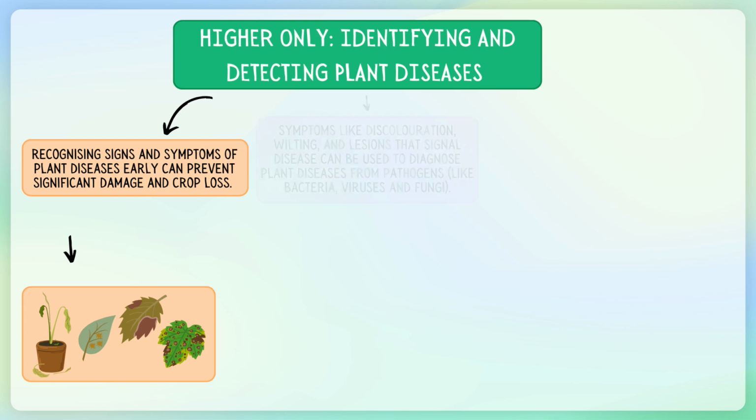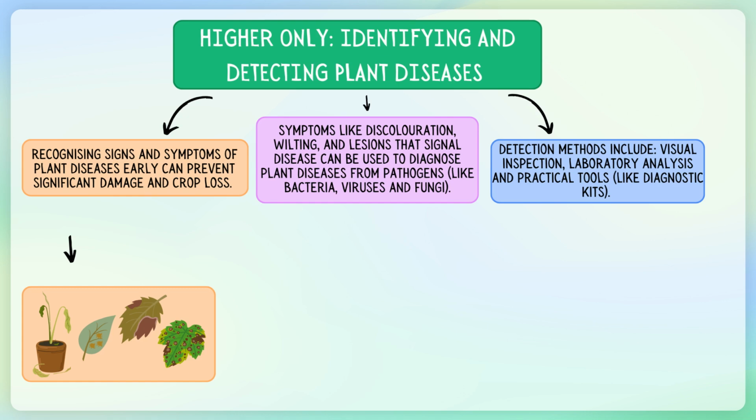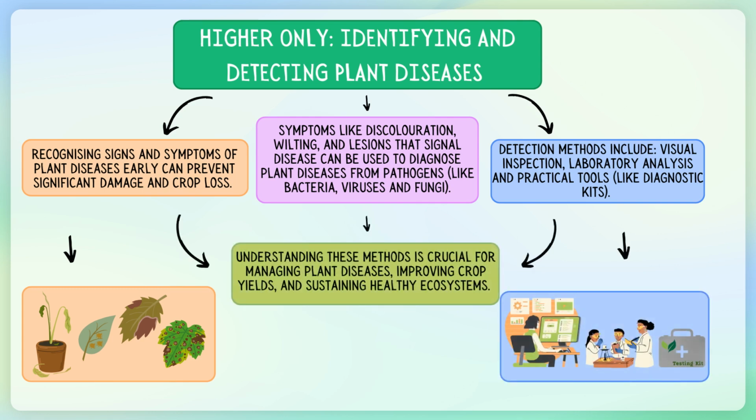We also covered symptoms like discoloration, wilting, and lesions that signal disease. We explored detection methods, from visual inspection to advanced techniques like laboratory analysis, which help to accurately identify pathogens. We also touched on practical tools like diagnostic kits. Understanding these methods is crucial for managing plant diseases, improving crop yields, and sustaining healthy ecosystems.